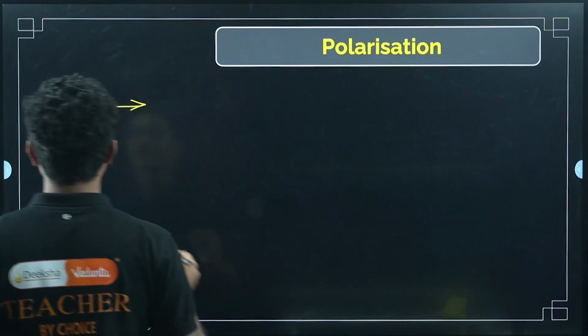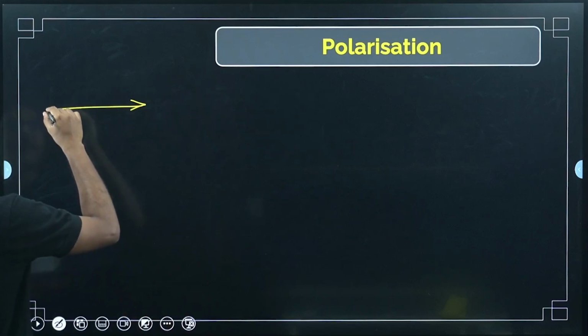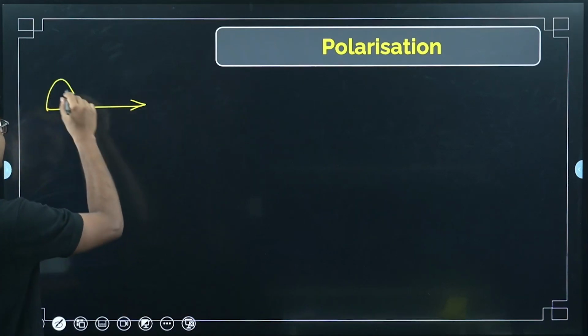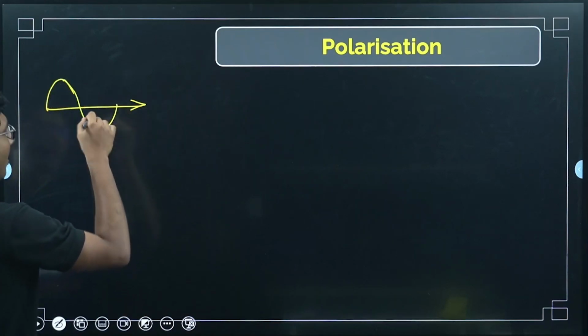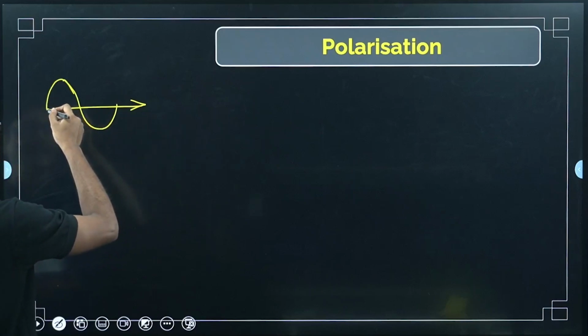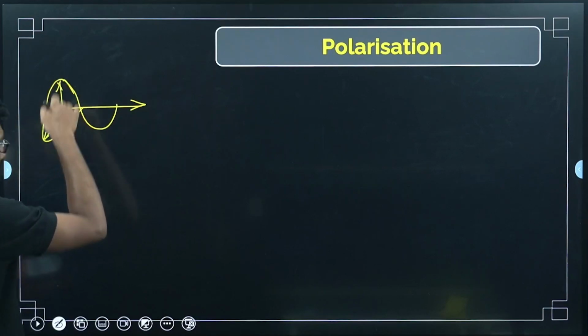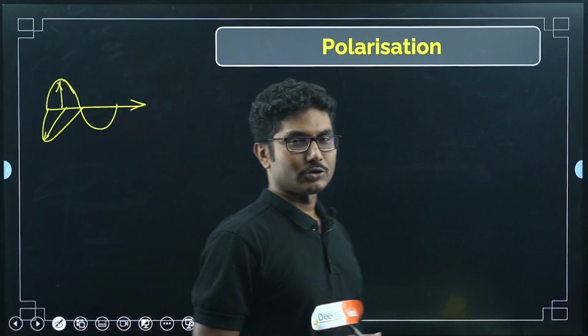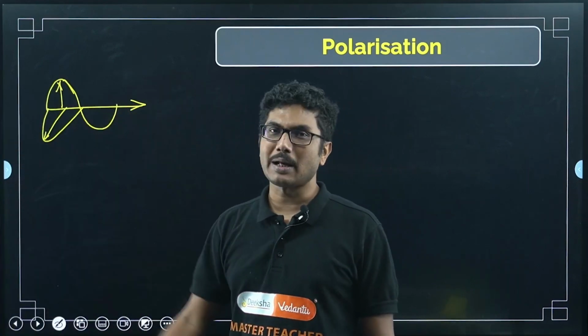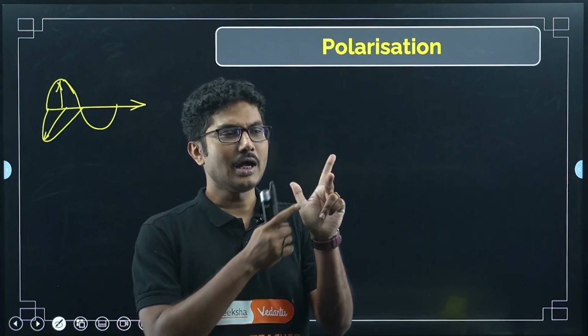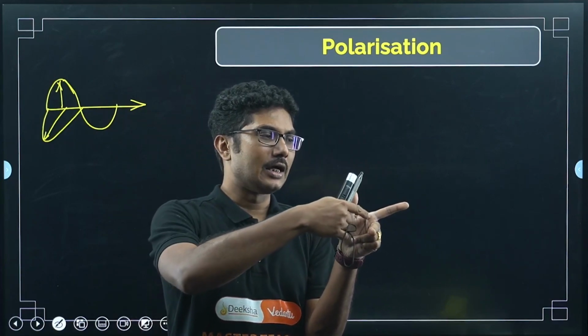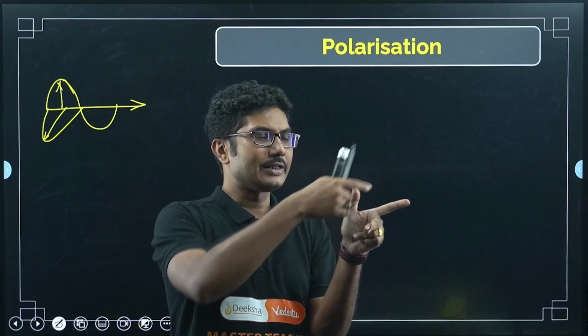Now also in the electromagnetic wave chapter we have learned that suppose light is traveling in this direction, so electric field will be vibrating perpendicular to this, and there will be a magnetic field which is perpendicular to the electric field as well as the direction. So all three of them are perpendicular to each other. This is the propagation of light, this is magnetic field, this is electric field.